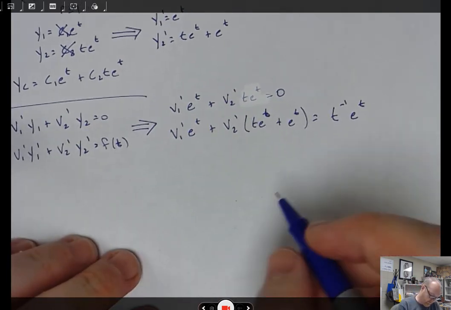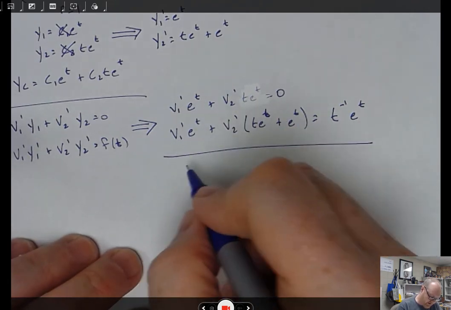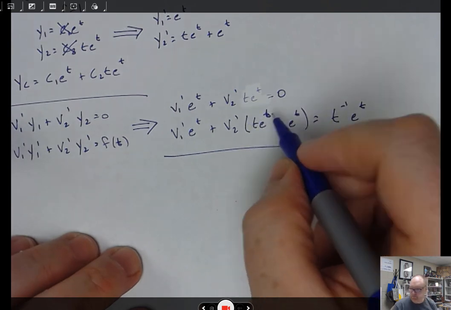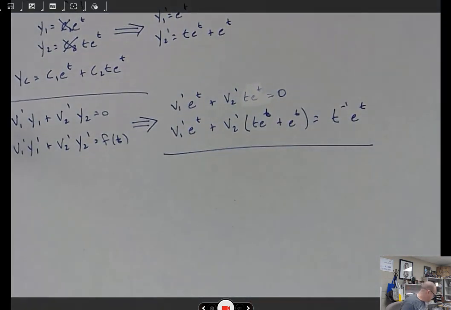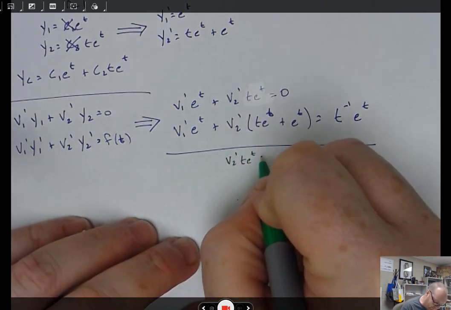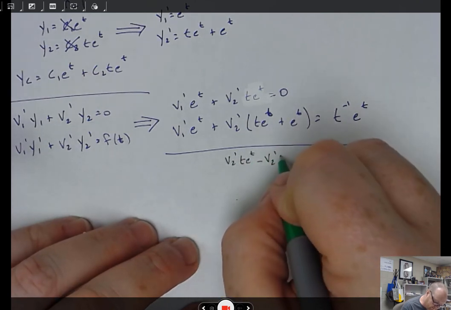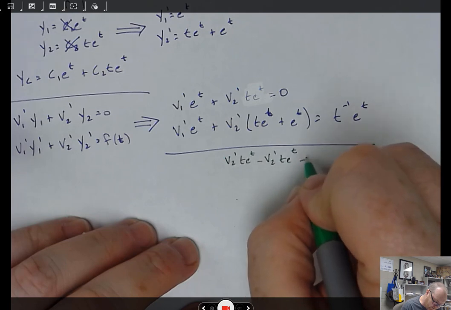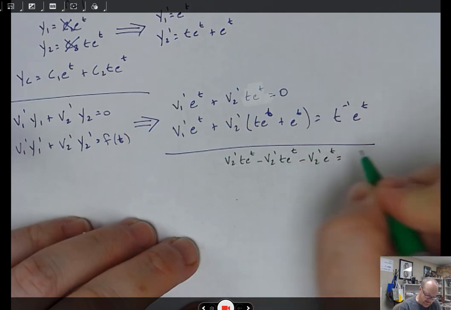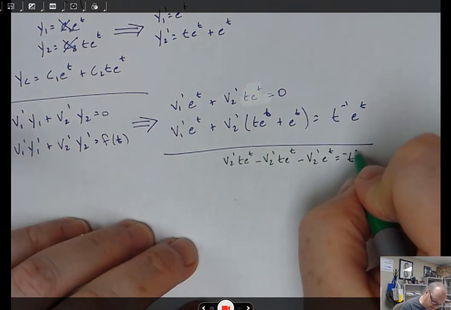So if I subtract, v1 prime e^t minus v1 prime e^t is 0. Here, I might want to write a little bit of that out. Let me get one other color. So I'm left with v2 prime t e^t minus all of this: minus v2 prime t e^t and minus v2 prime e^t. And 0 minus this is a minus t^-1 e^t.